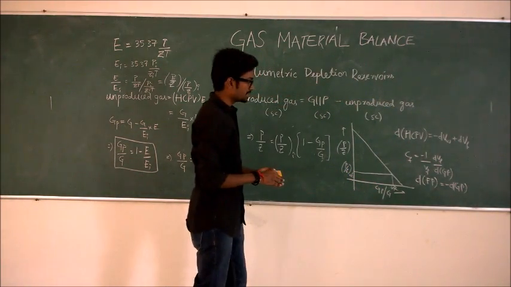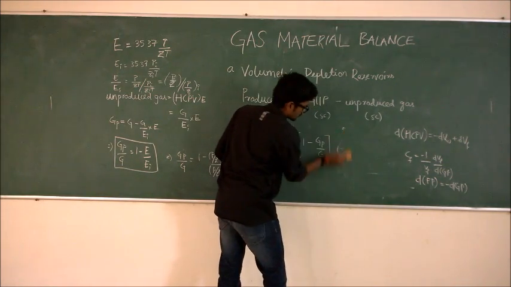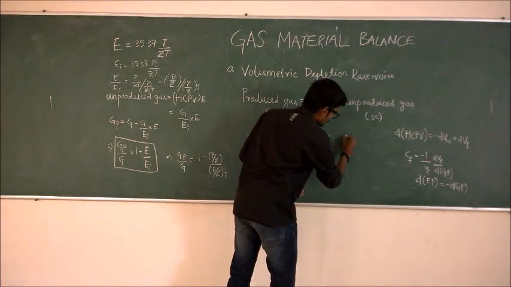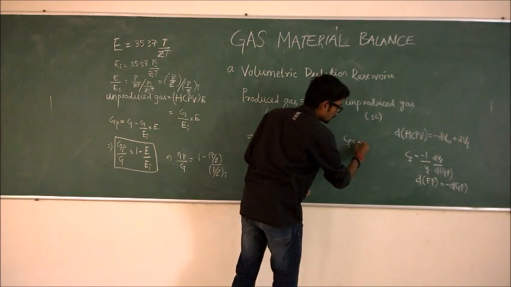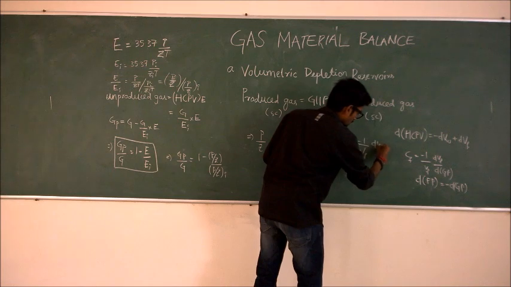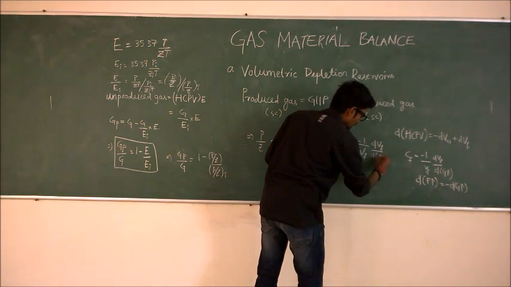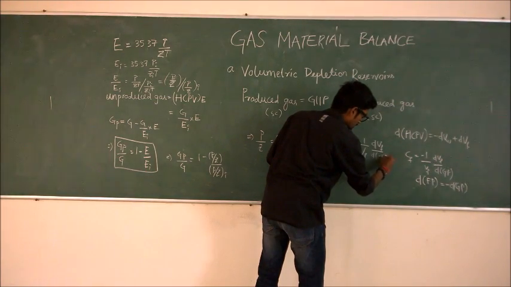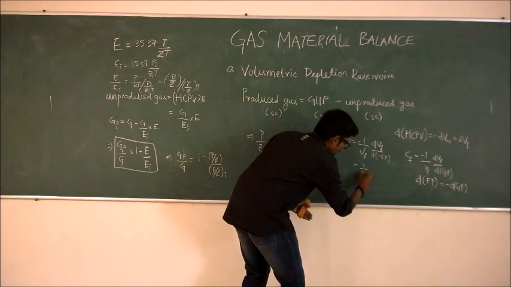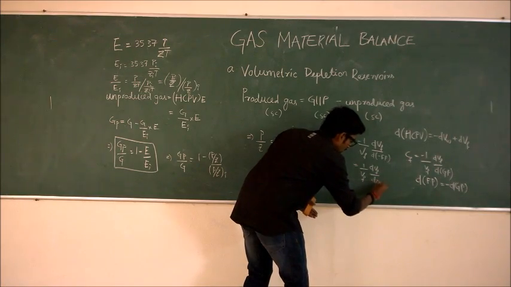Which results in Cf is equal to minus 1 by Bf dBf by d of minus Fp, which implies Cf is 1 by Bf dBf by dP.